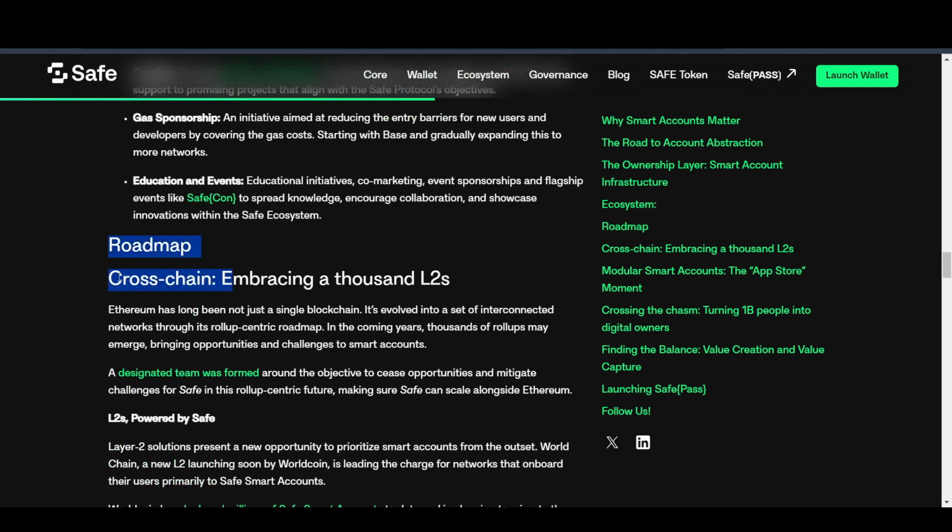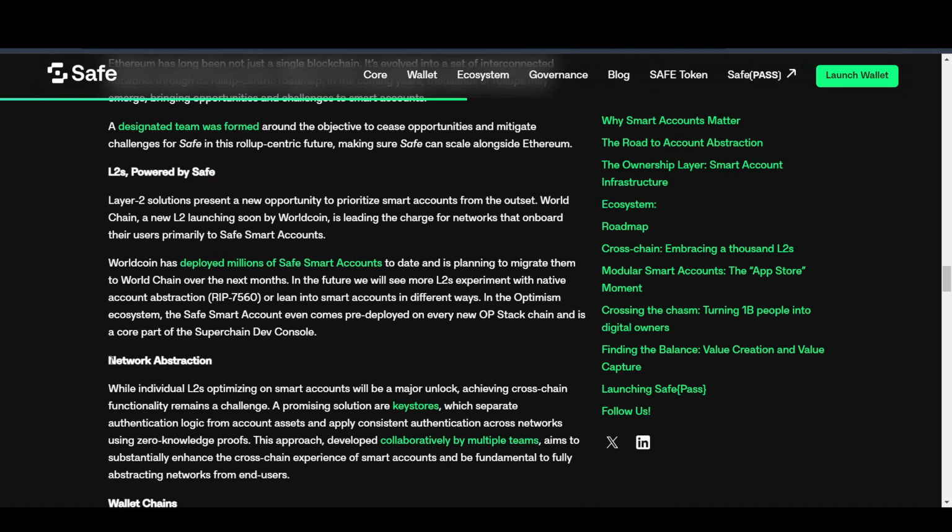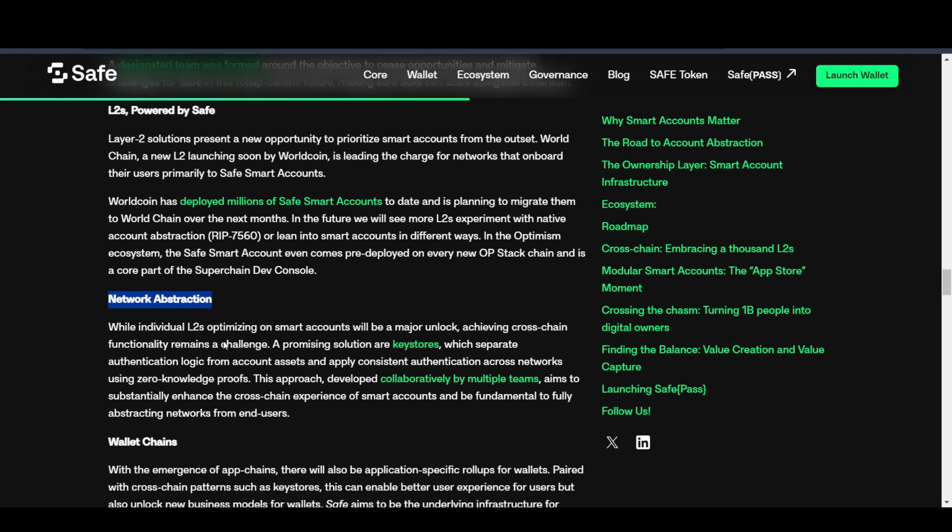So they are planning to embrace thousands of layer 2s, which is pretty good. So they have layer 2s powered by Safe. They are also planning network abstraction. While individual layer 2s optimized on smart contracts will be a major unlock, achieving cross-chain functionality remains a challenge.